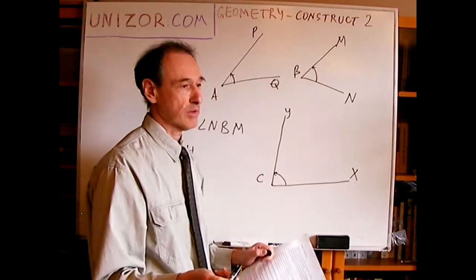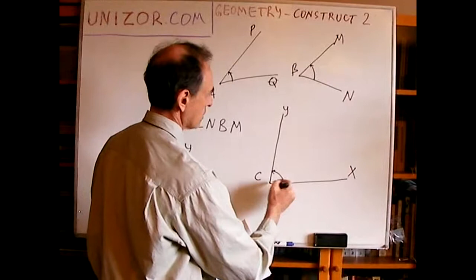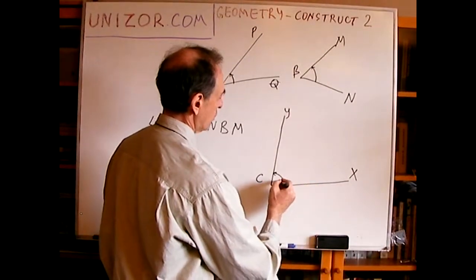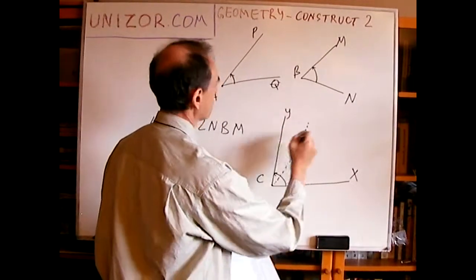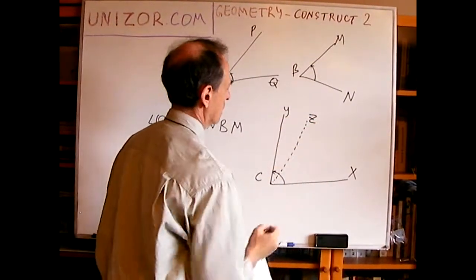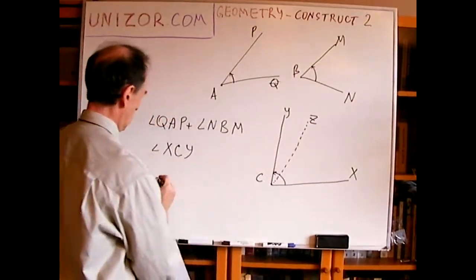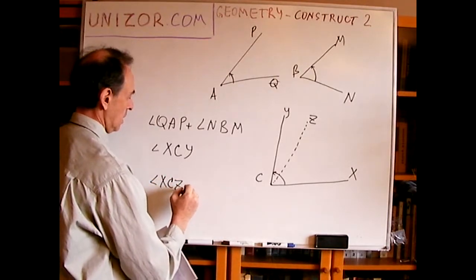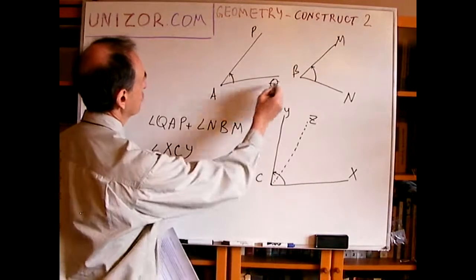That was one of the previous lectures, and so you build an angle first from this ray CX. You build one angle, let's say, XCZ. So angle XCZ is congruent to angle QAP.